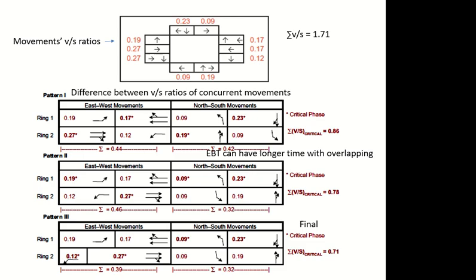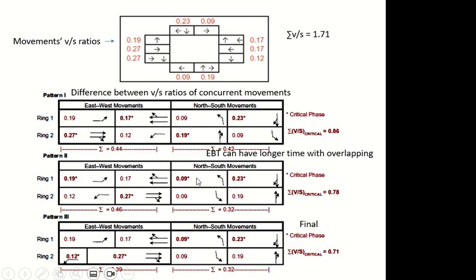Okay, so if you try different versions of phasing plan and your V by S ratio is decreasing, then the previous trial will be discarded. You will go with the new trial. Okay, so I went from here to here, my V by S ratio decreased, so this one is discarded.